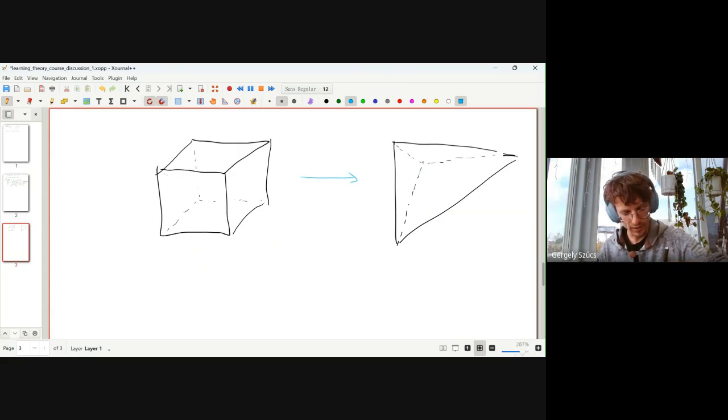For example, if we take this diagonal across opposite vertices of the cube, it will go from this vertex to the one in the back, but it actually goes through the middle of the cube, so it actually goes through the middle of the tetrahedron.